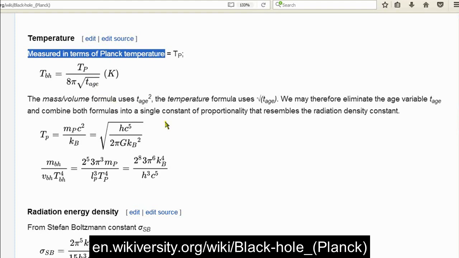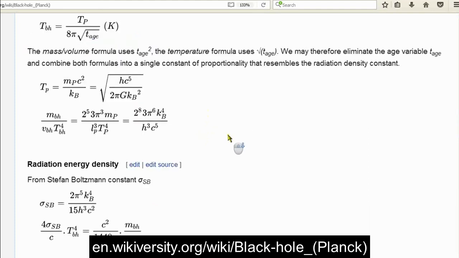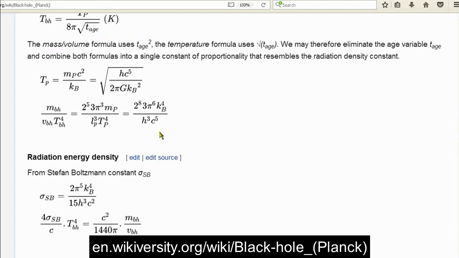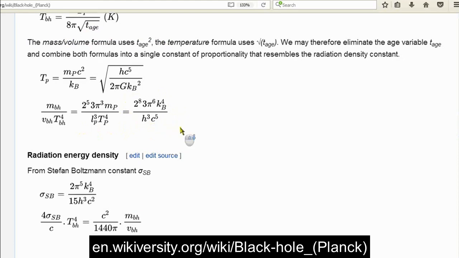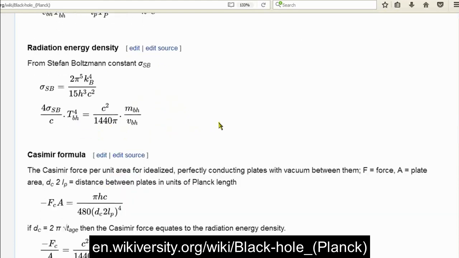Now, we find that the mass volume formula used TH squared. Temperature formula uses square root of TH. So what we can do is combine both these formulas to eliminate TH itself, and then we end up with a constant of proportionality, and this constant resembles the radiation density constant, which we find here.